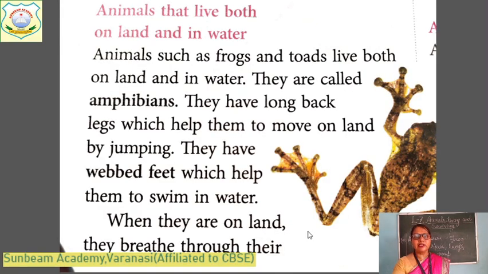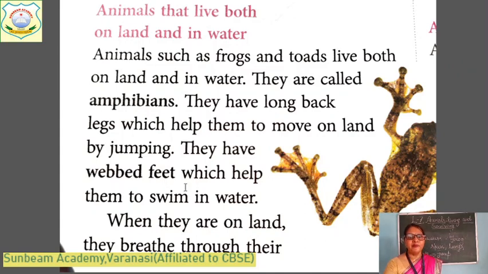Come to the another one. Animals that can live both on land and in water, such as frogs and toads, are called amphibians. They have long back legs which help them to move on land. You can see, the back legs are stronger, which help them move on land.